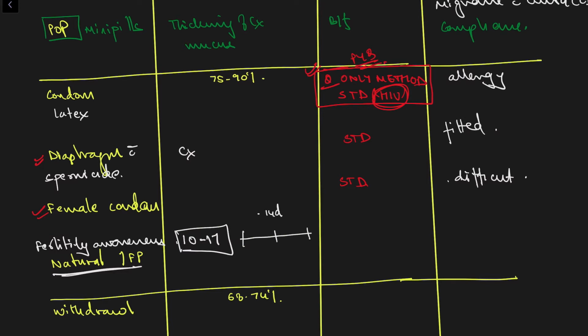So 4 days before and 3 days after, we take this as the unsafe period. This is the calendar method, and this is also known as the natural method or fertility awareness method. There are no side effects, and the disadvantage is that it requires partner participation, and there is no STD prevention, right? Obviously.